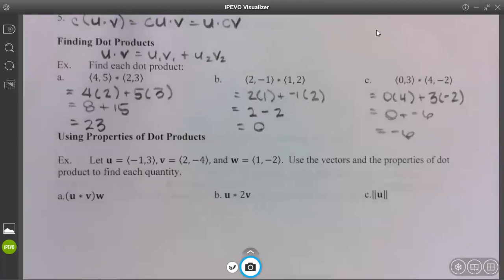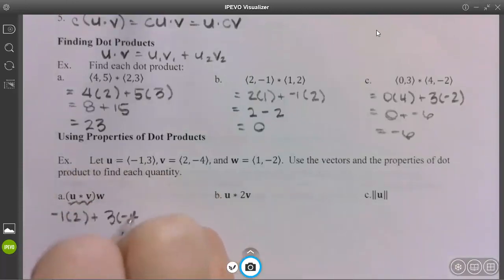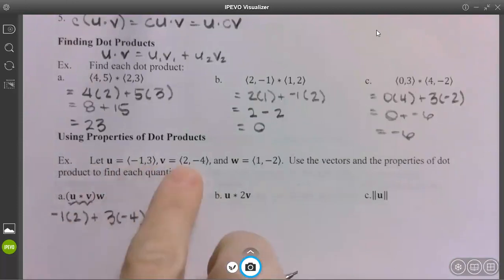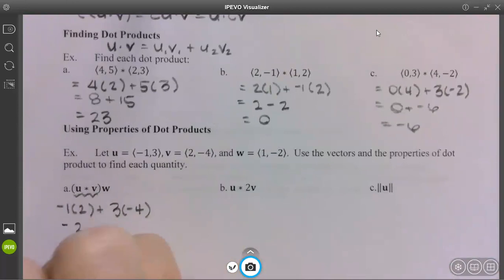So (U times V) times W, we're going to multiply U times V. Our U is -1, our V is 2, plus 3 times -4. So again, multiply your x's, add to multiply your y's. You get -2 minus 12 or negative 14.